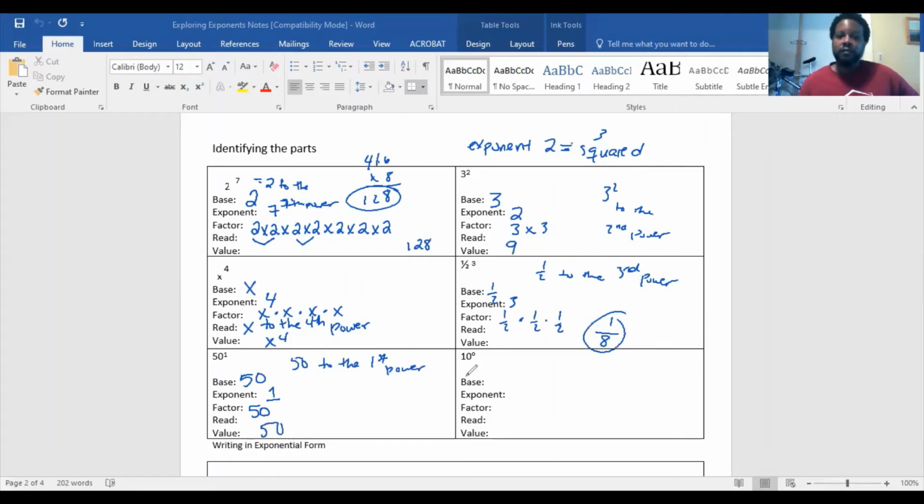And here, what is my base? My base is 10. What is my exponent? It is 0. What is the factor? I don't have any, right? I don't write it at all. There are no factors, because my exponent tells me how many factors, and I don't have any. So I have 10 to the 0 power.